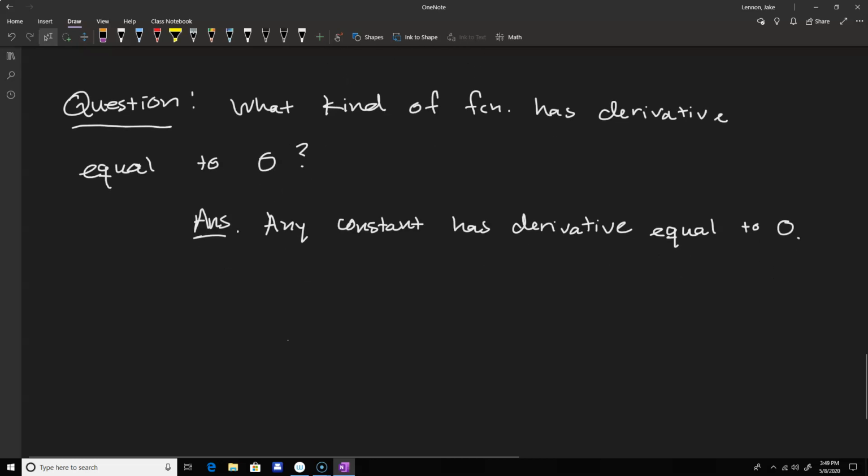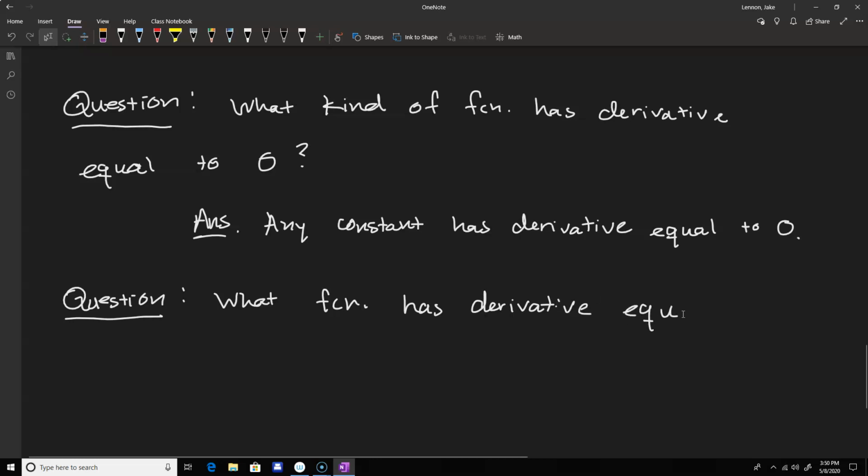So then the other question is, what function has derivative equal to a constant? And the answer here is basically any linear function.